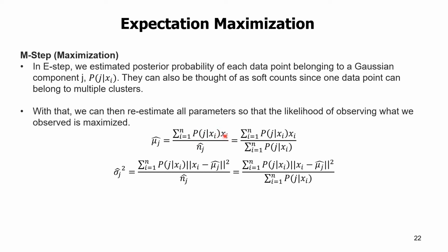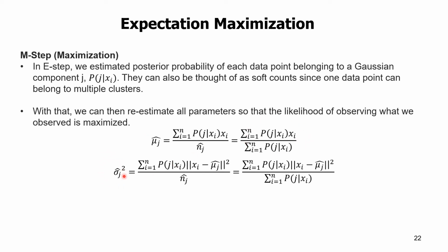This is the x value, and this is the summation of this probability. So actually, the mean of Gaussian j is a weighted average of x. Basically, this posterior probability is the weight of data xi. So the mean is a weighted average.